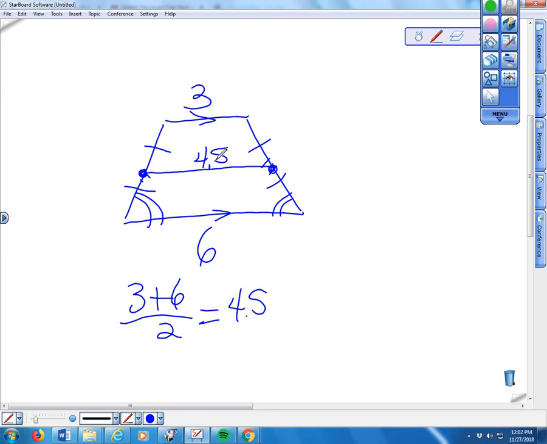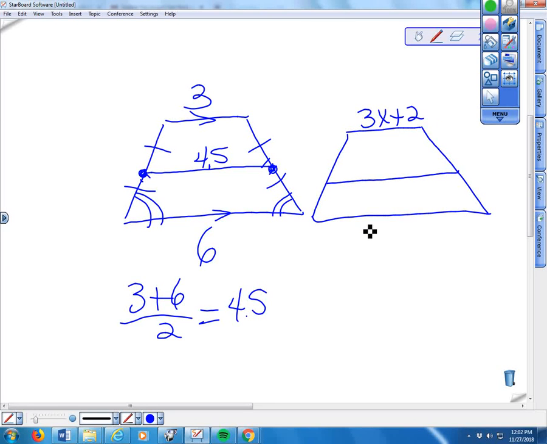Okay? There's a couple of questions in the big ideas that give you variables. I'm making things up. I have no idea how this is going to turn out.